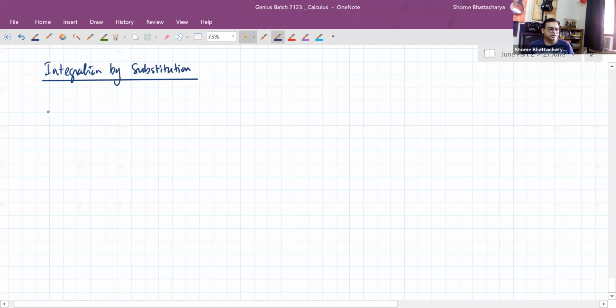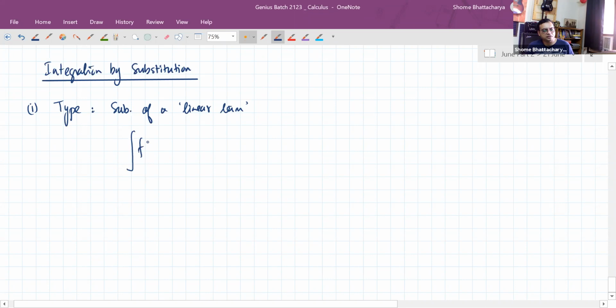So the first type of substitution, or the first format, is when we are substituting a linear term. So our integration is of this type.